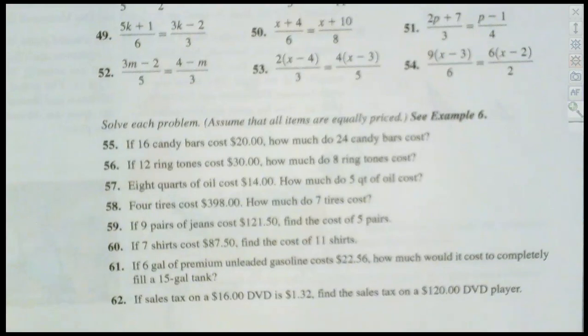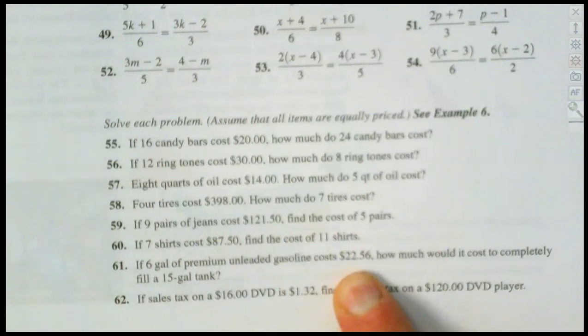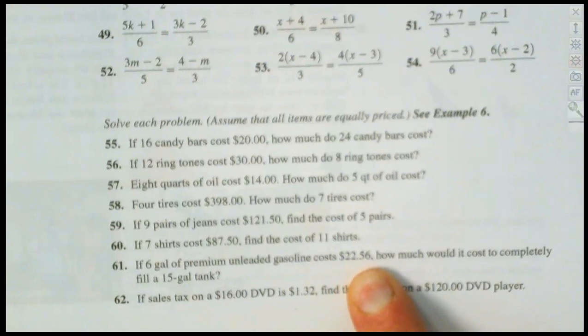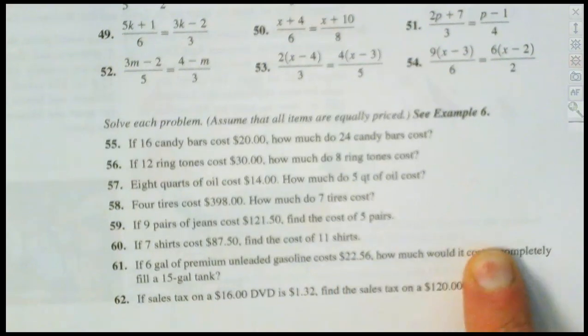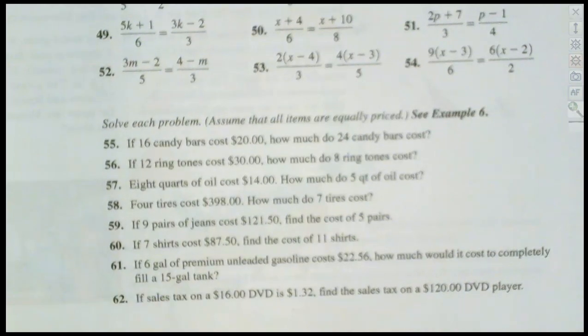If 6 gallons of premium unleaded gasoline costs $22.56. How much would it cost to completely fill a 15-gallon tank? So again, we're going to set up our ratio. It doesn't matter if you put the gallons on the top or the price on the top.